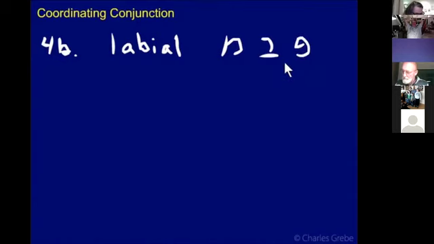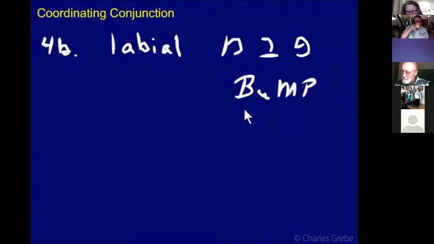In one textbook, this one by Rebecca Wright, Vicky Hoffer, and Bonnie Kittle, page 248, they mention a nice little mnemonic. They call these the bump letters, B-U-M-P. So that's one way to remember them. If you have a vav before any of these, it also goes to U. So let's look at some examples of those.